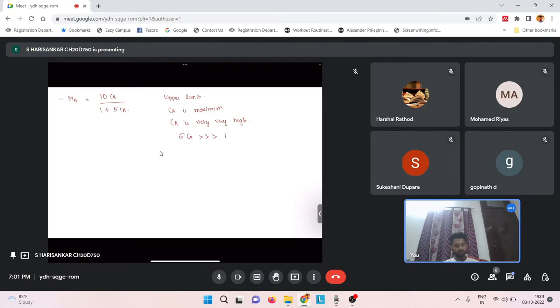So this is the thing with case 1. That means you can neglect this one term, and the rate equation will become minus Ra is equal to 10 Ca by 5 Ca, and this is basically 2. So this is the right answer here.